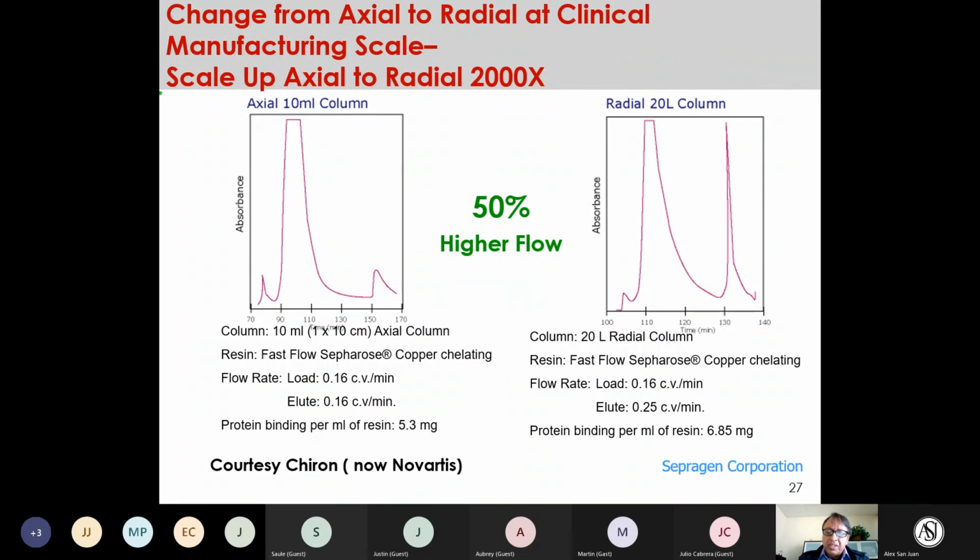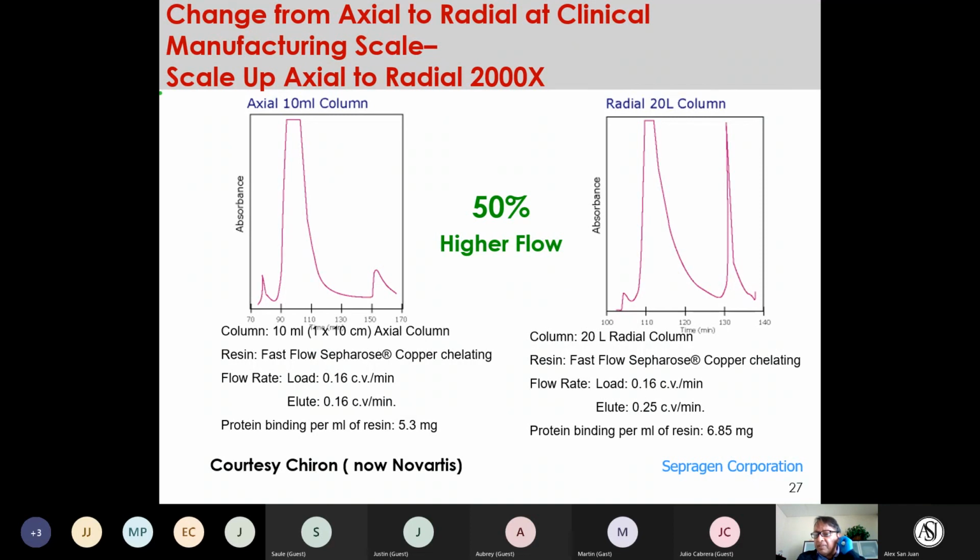We said, okay, you can change to the radial flow column. That's what the regulatory guy said too. He said, yeah, you can change to the radial flow column. Make sure you're running at 0.16 bed volume per minute on the load step, and if you can crank up the elution, equilibration, and other steps, fine, go ahead and do that. So that's exactly what we did.